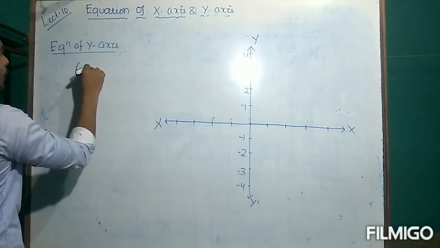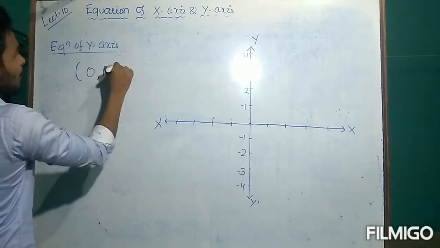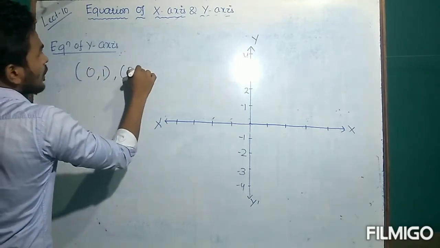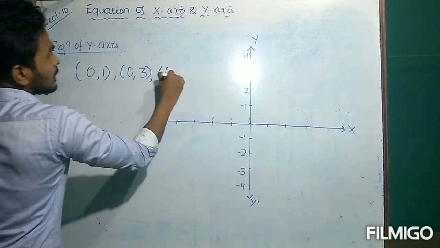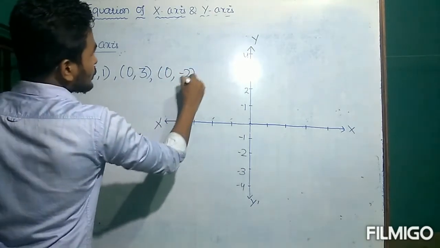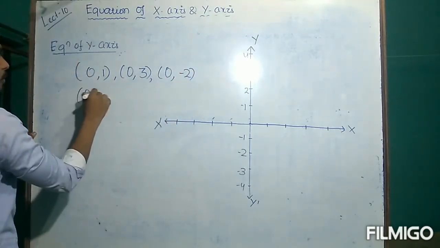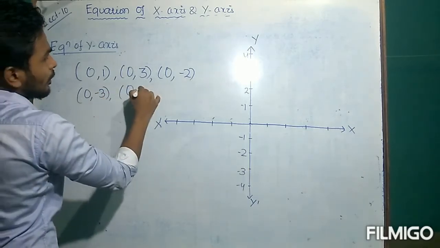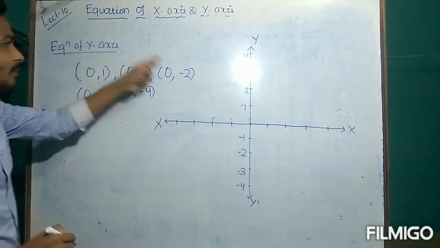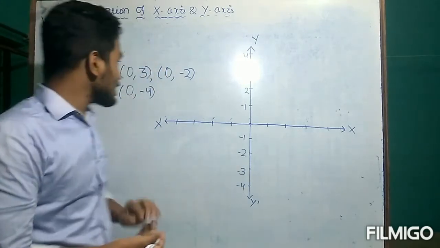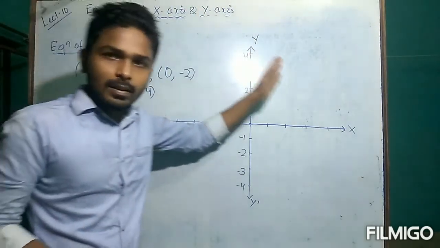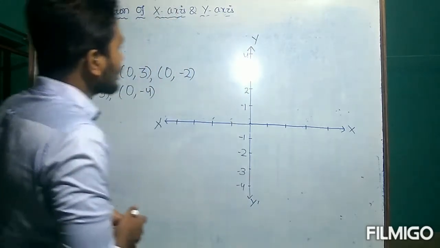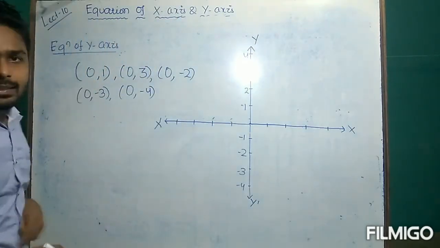Suppose I am taking some points: (0, 1), (0, 3), (0, -2), (0, -3) and (0, -4). So these are 5 points and we are going to represent all those points on the Cartesian coordinate plane. The first point is (0, 1).